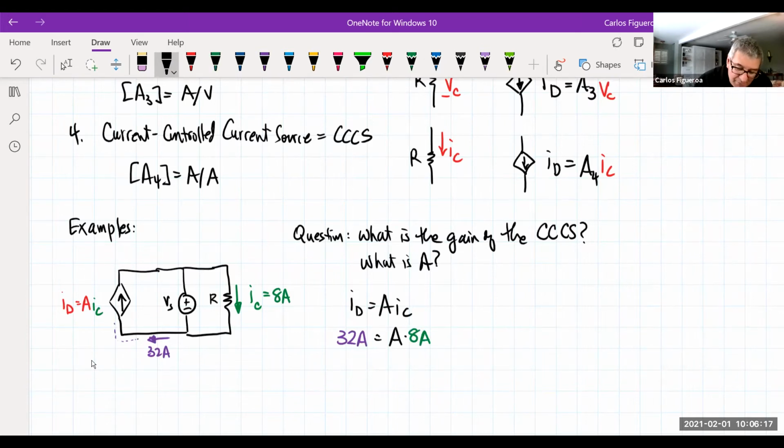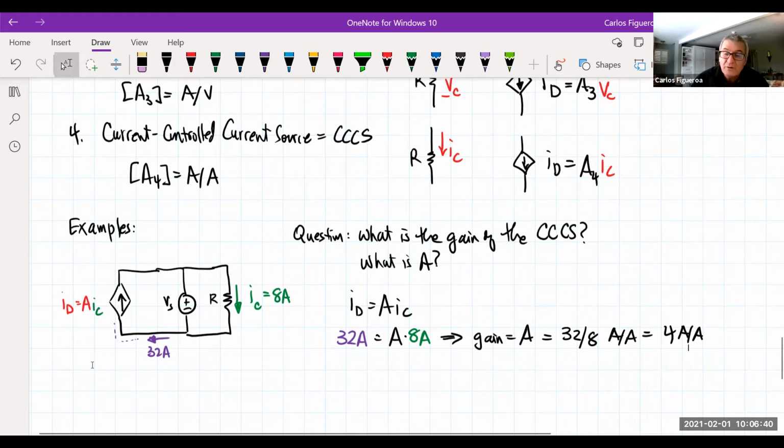So you can see that I'm getting the current from somewhere else in the circuit. This tells me that the gain A has to be 32 over 8 amps per amp, which is, of course, a gain of 4. In other words, I am taking this from a different location here.